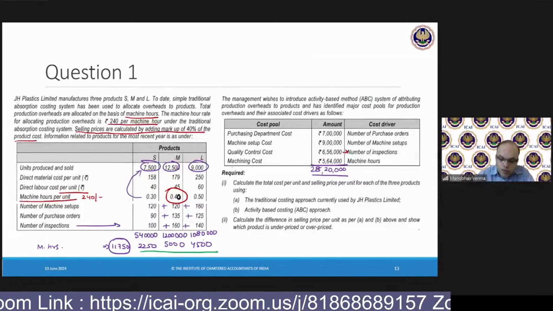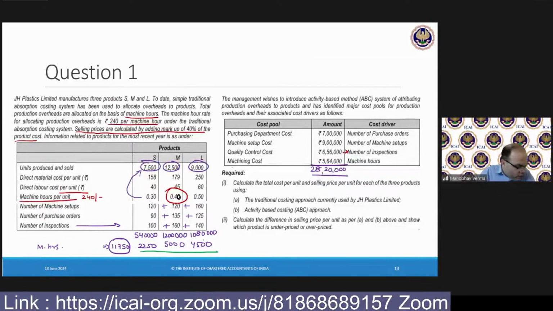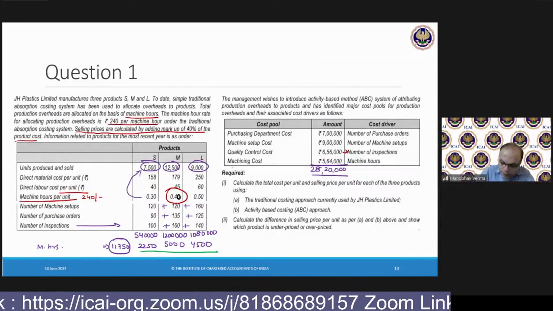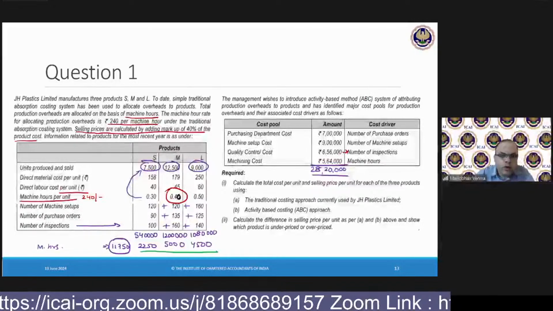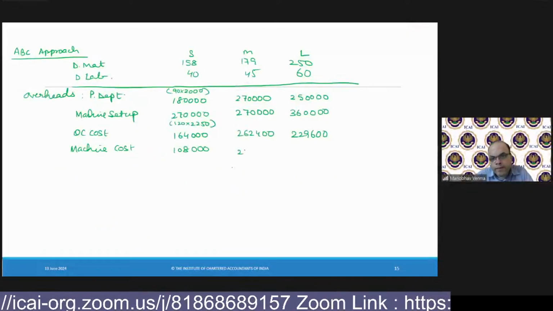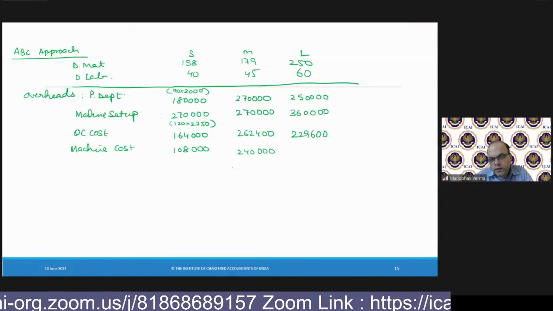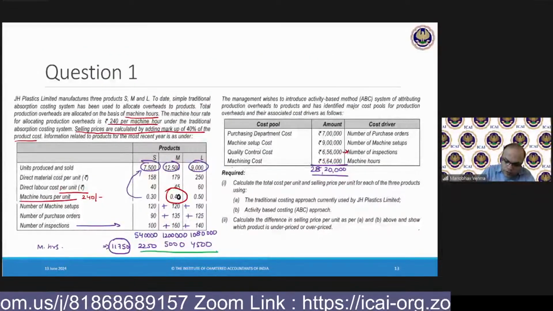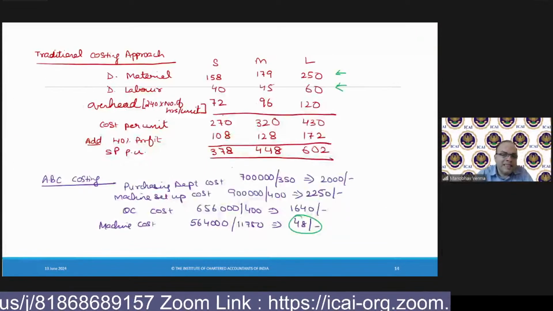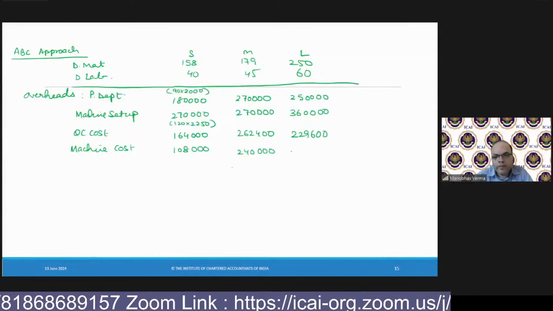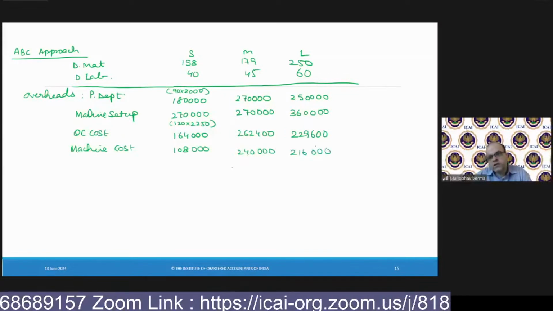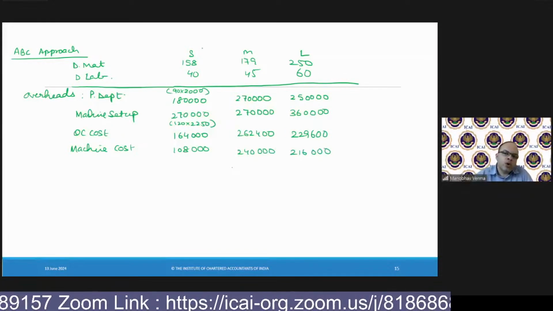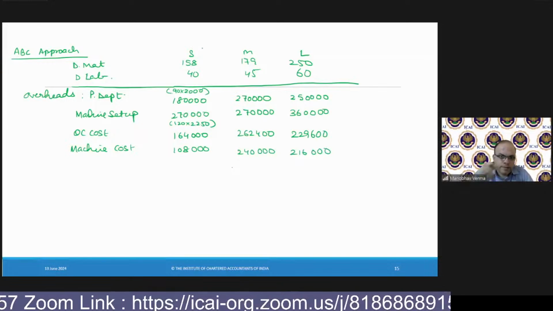So 48 into 5,000, we're getting 2,40,000, and 48 into 4,500, we're getting 2,16,000. Now this is my share of overheads going into all the products.